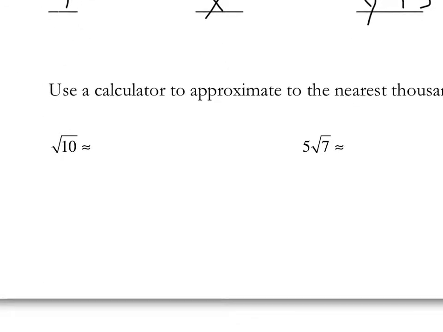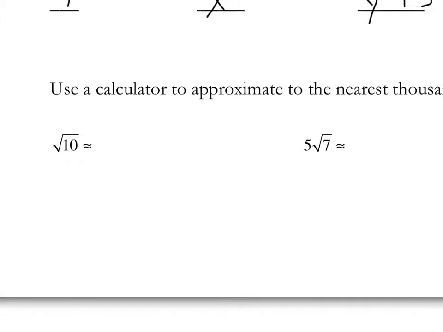We're going to use a calculator to approximate to the nearest thousandth. So in terms of decimal places, you have tenths, hundredths, thousandths. So we need 3 decimal places.